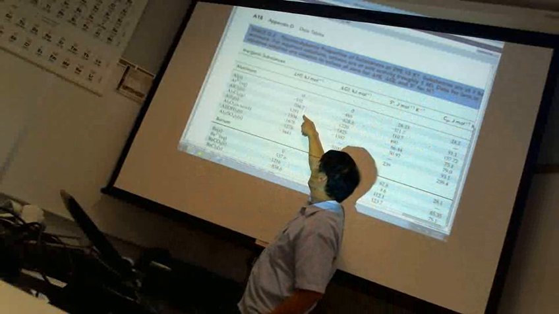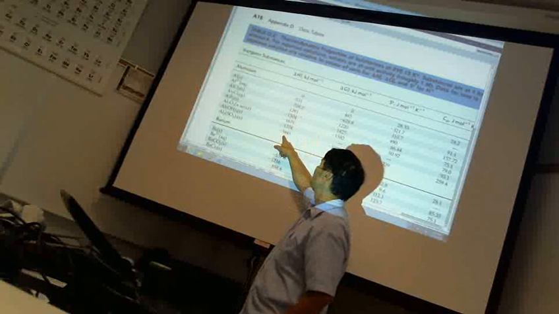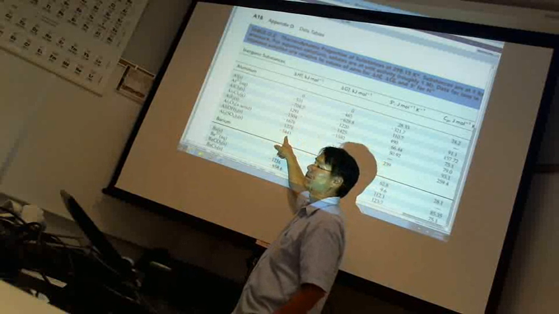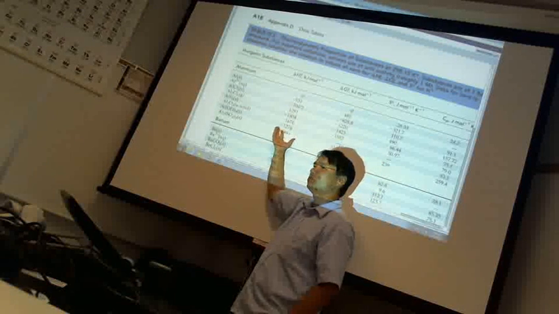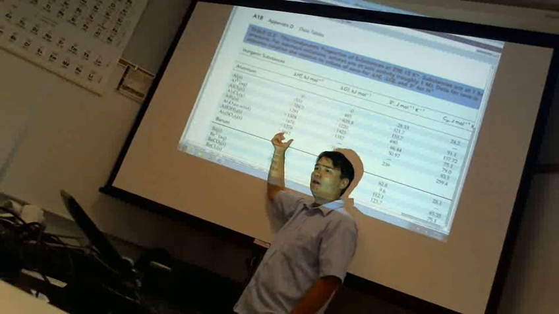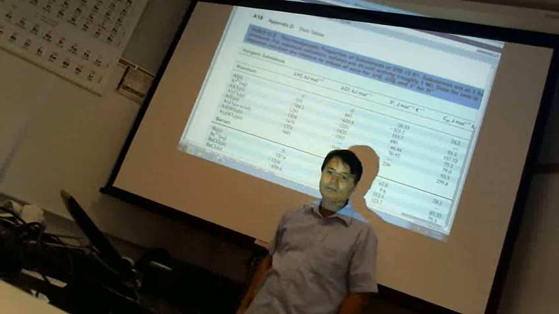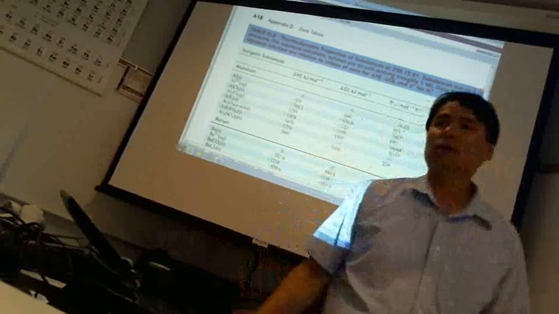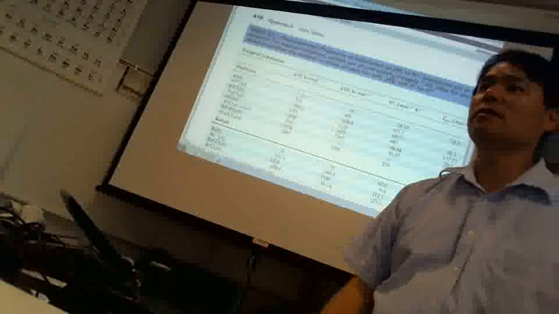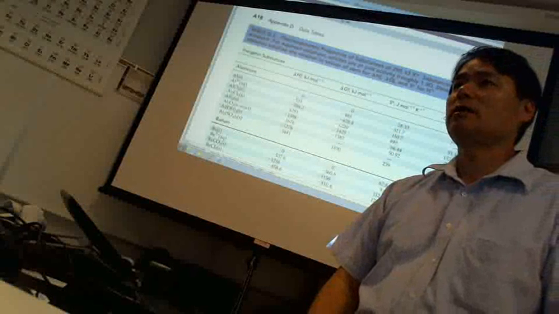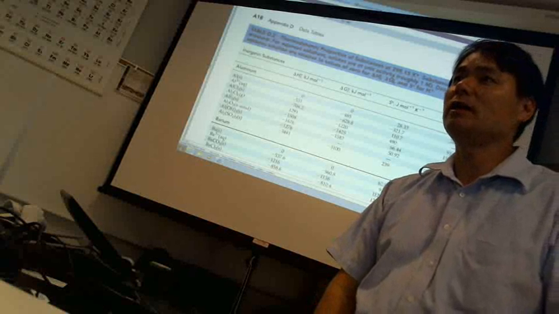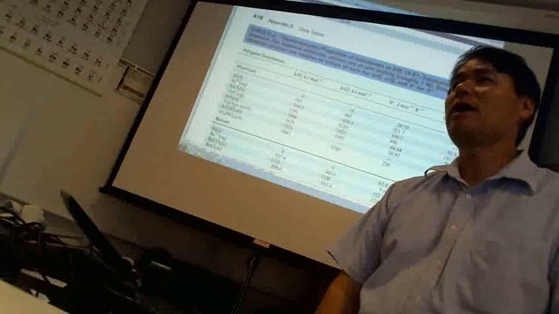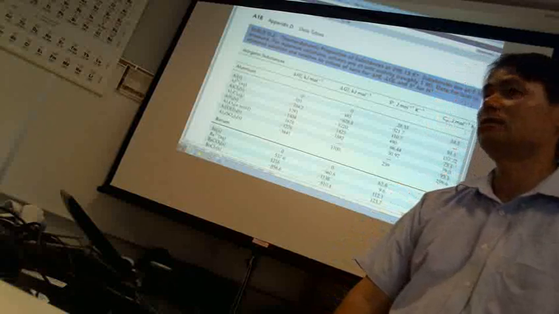Minus 531. Actually, here's the biggest one. Minus 3441. And so we see minus 3441 kilojoules per mole. What's the story behind this number here? What is that for? You have a pretty big drop in energy. That's the heat released from what? From the reaction. What is the reaction?